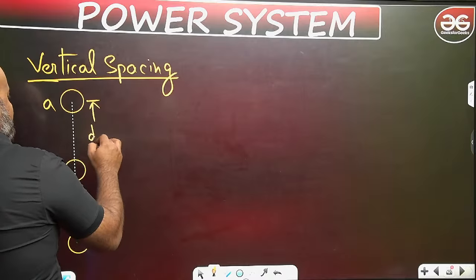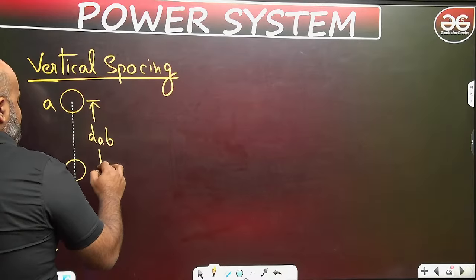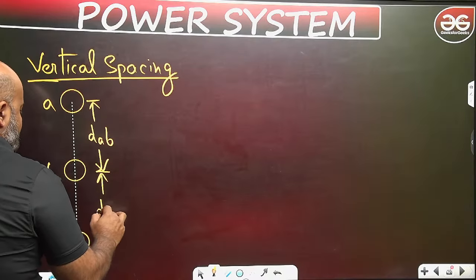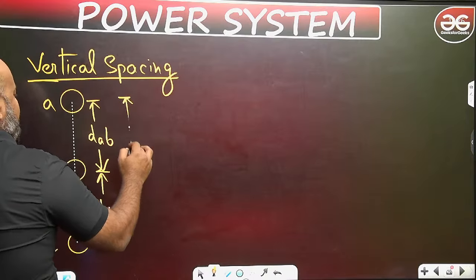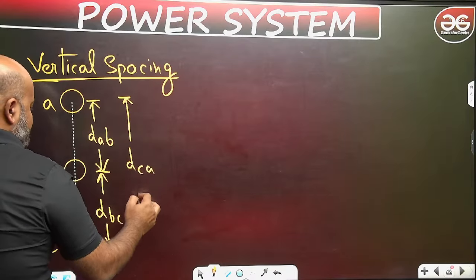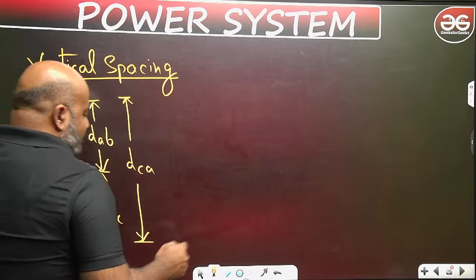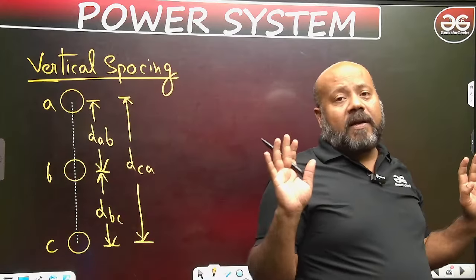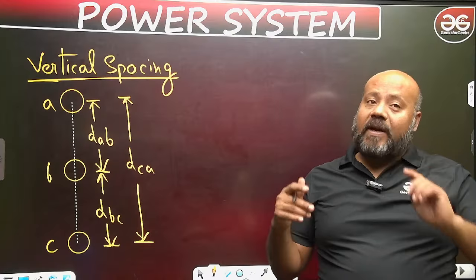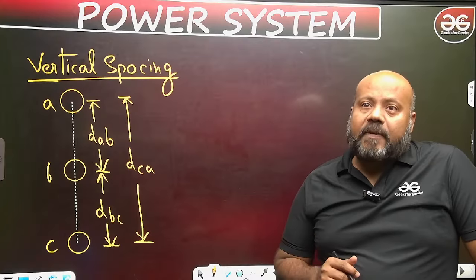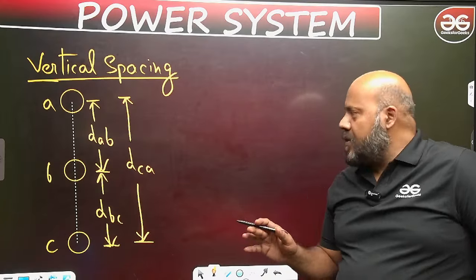The distance between A and B is DAB. The distance between B and C is DBC. And the distance between A and C is going to be DCA. So irrespective of the spacing between the A, B and C conductors, you can directly find the geometric mean distance in case of a three-phase system.